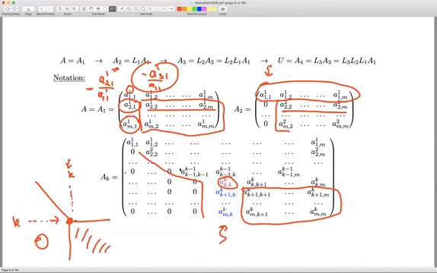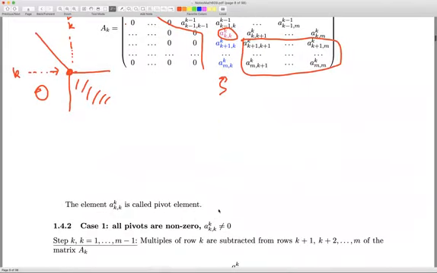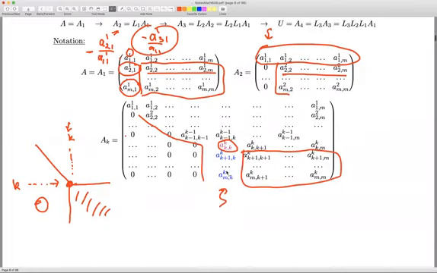And in general, if we look at the kth step, what is happening at the kth step? In order to continue with these steps, for the first step, the element A11 has to be different from 0. Then we arrive from the matrix A1 to the matrix A2.